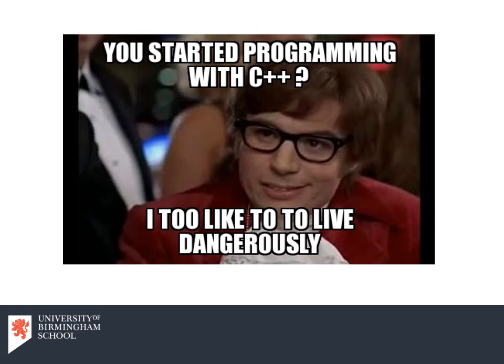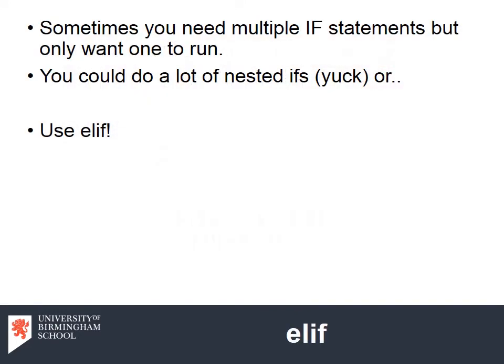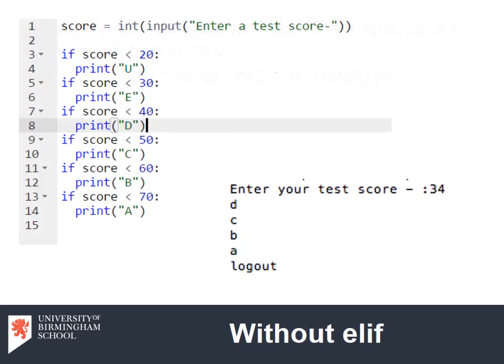Now it's time to look at a few more things you can do with if statements. So look at else and elif. So sometimes we may want to link together or use lots of if statements. We could, if you wanted to, use lots of if statements all nested into each other. So here, look at this example.